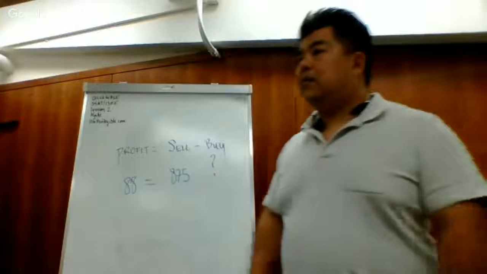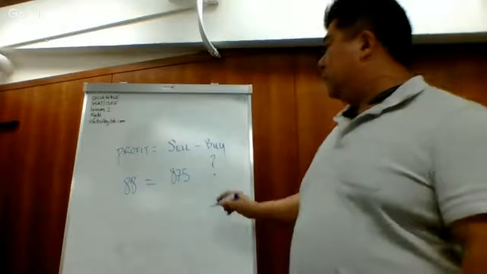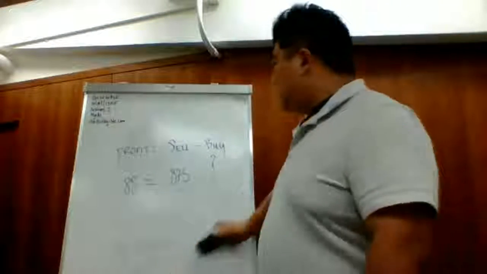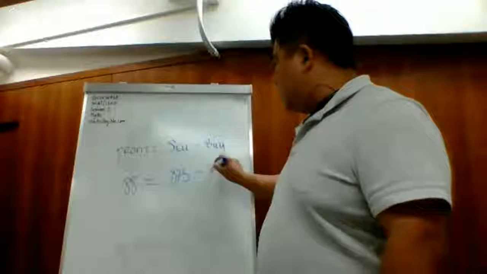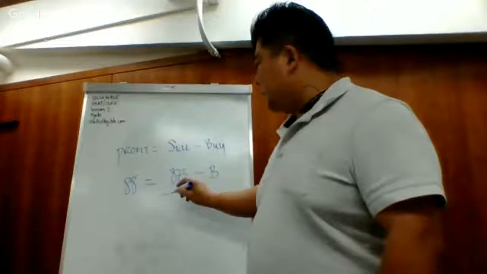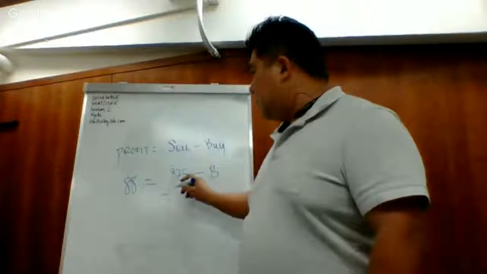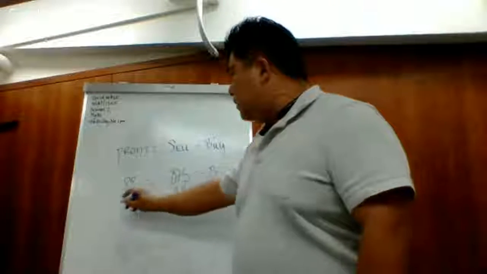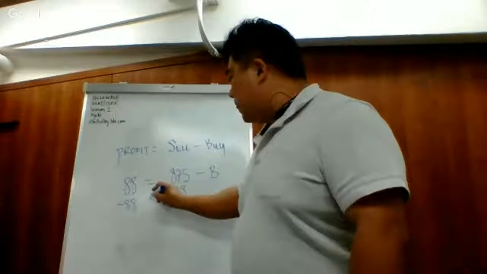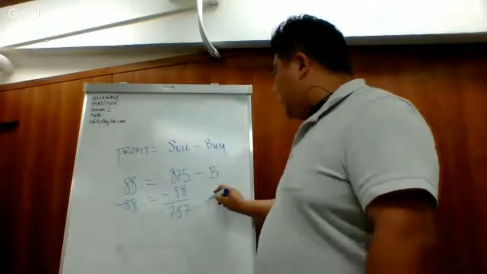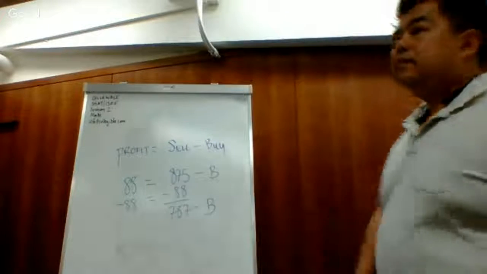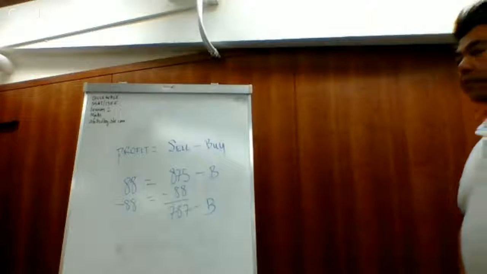So if we do a little bit of math here, what's going to happen, Henry? Well, you're trying to find out what B is. So you can subtract 88 on both sides, and that equals $787. You're subtracting 88, okay. So that's $787 minus B, and then what do you do? So they're trying to get B, I guess.